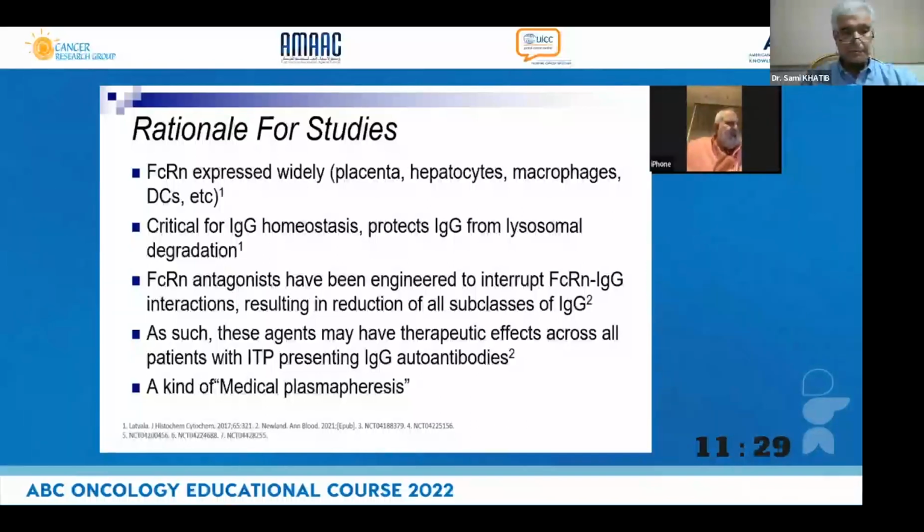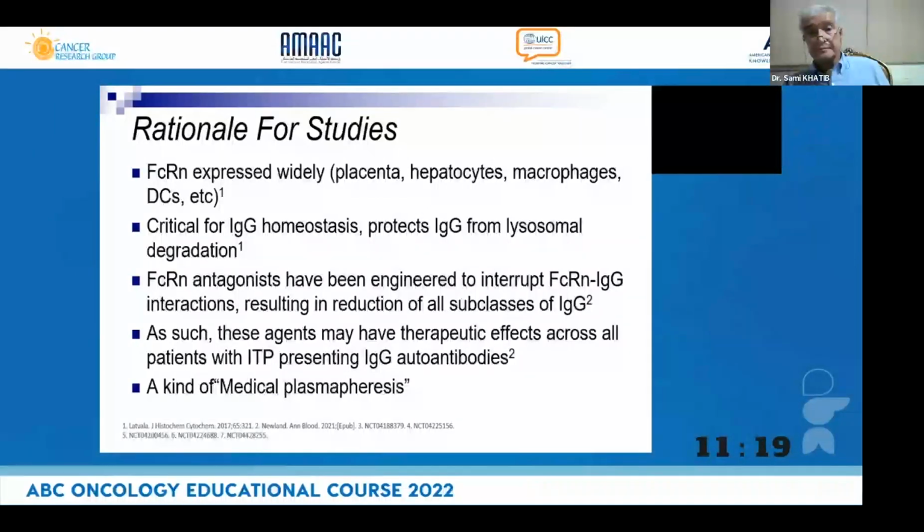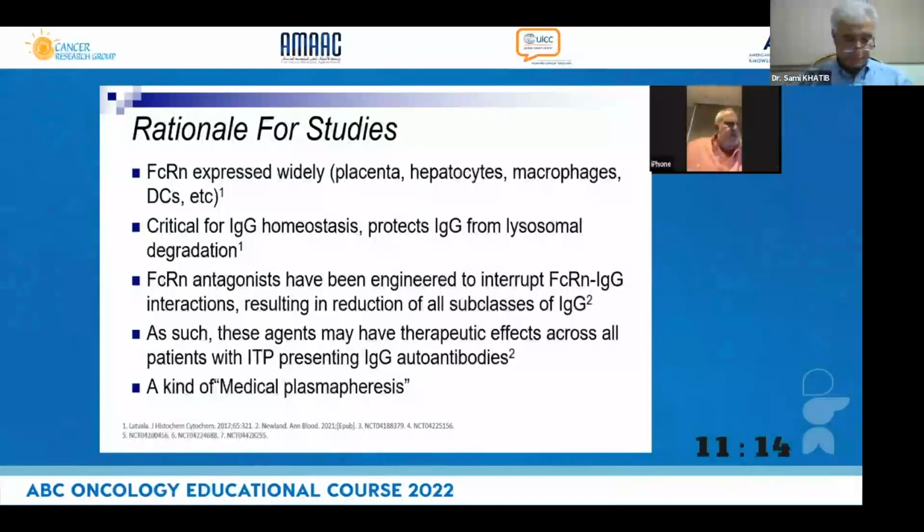FcRn antagonists have been engineered to interrupt the interaction between FcRn and immunoglobulin G, resulting in a reduction of all subclasses of immunoglobulin G. As such, these agents may have a therapeutic effect across all patients with ITP presenting IgG antibody. It's a nice way to approach the problem at hand. It's like having a medical plasmapheresis.